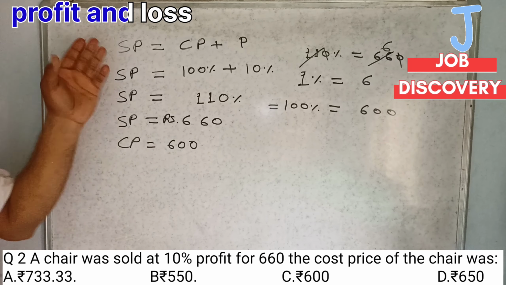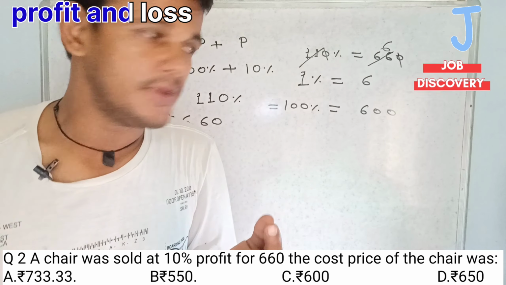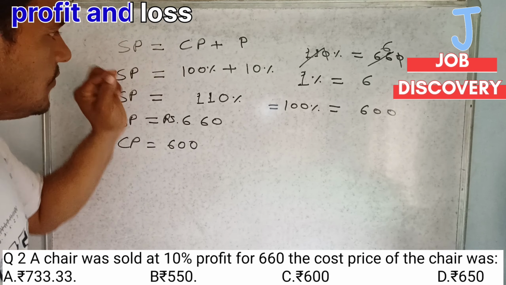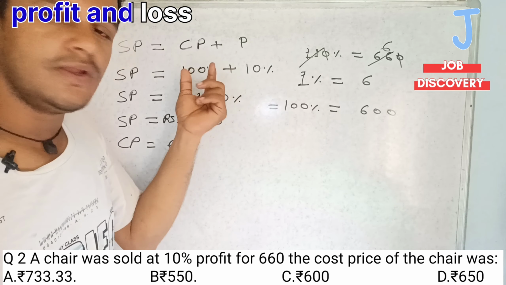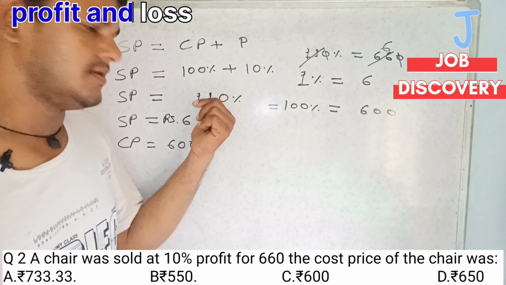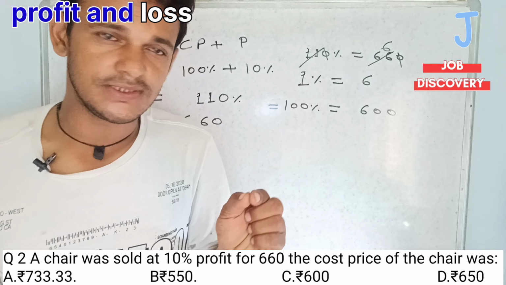See here once again. Selling price is equal to cost price plus profit. We know that cost price always will be 100%. So 100 plus 10 will be 110%. So selling price is 110%. In the question given, selling price in rupees is 660.